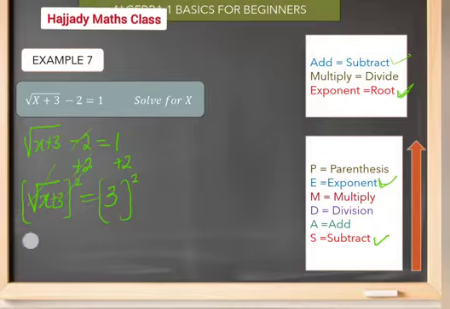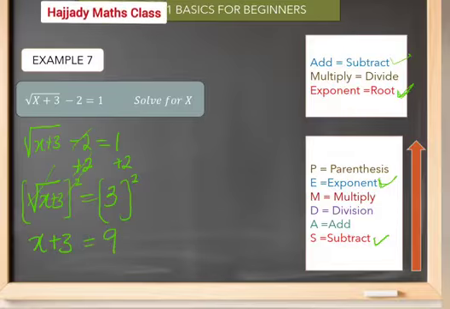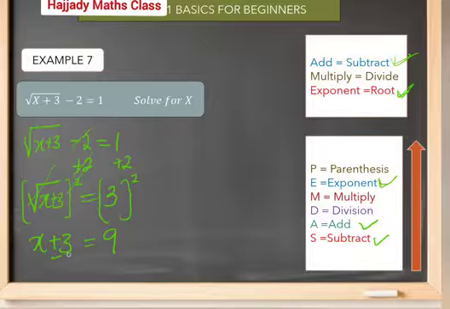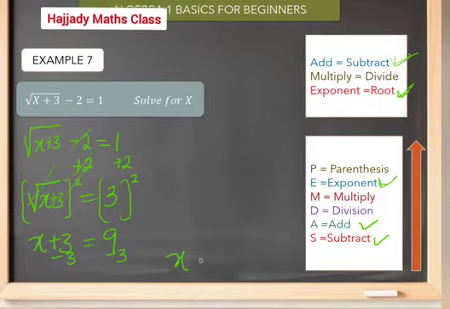On the left side, we have x plus 3. On the right side, we have 9. So, applying the same rule, when you have addition, the inverse is going to be subtraction. Negative 3, negative 3. And finally, we have our x to be equal to 6.